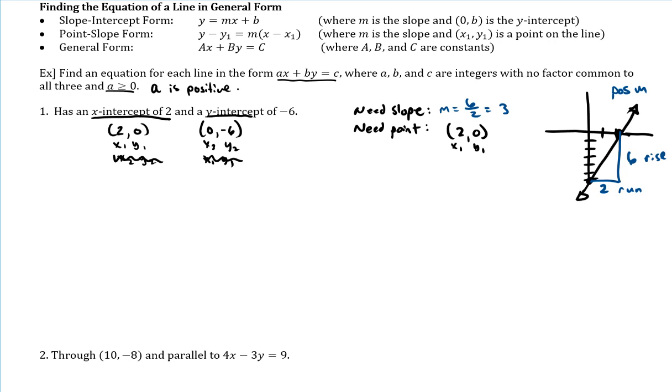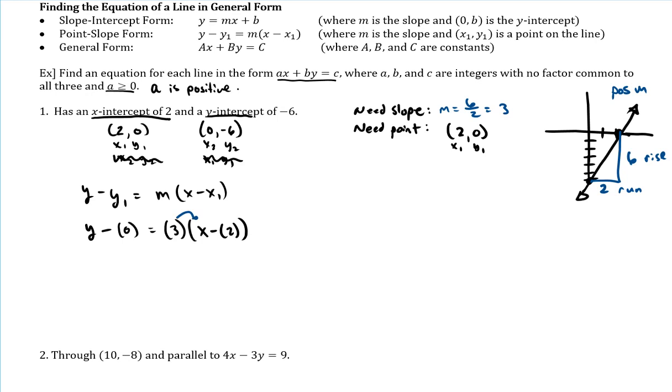I'm going to do this the same way that I did in the last couple problems, where now that I have the slope and the point, we can set up our equation and plug everything in. So the slope is 3, and our y1 using 2, 0 is 0, which is good to have. Our slope is 3, and then we have x minus x1, which is 2.